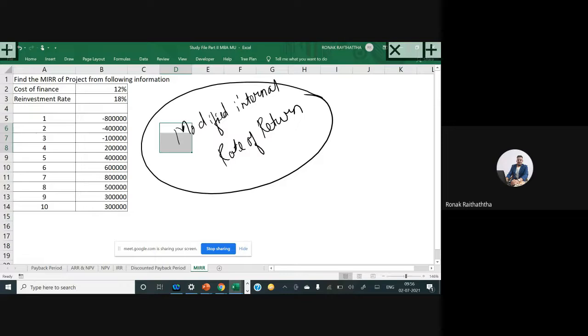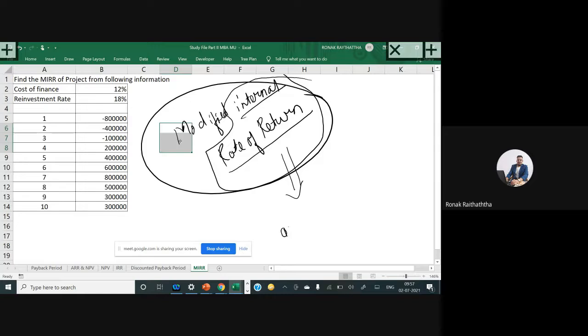See, internal rate of return we have understood. Now, modification would have happened only because there would have been some deficiencies in the internal rate of return, right? Now, the deficiency and the problem of internal rate of return lies in its assumptions.